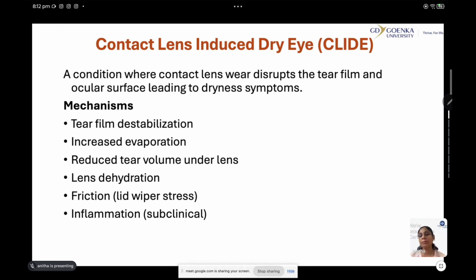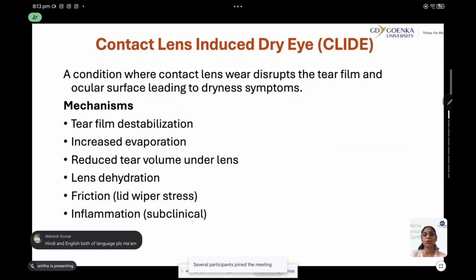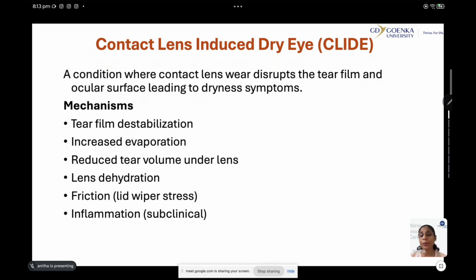Now, what is the mechanism behind Clyde? In my previous slide, I demonstrated the vicious cycle behind Clyde development and eventual contact lens dropout. First there is destabilization of the tear film and increased evaporation, because of hyperosmolarity of tears. Then there is reduced tear volume beneath the lens.